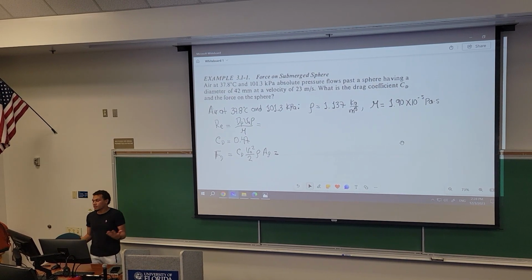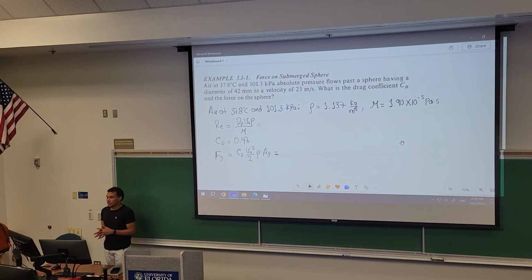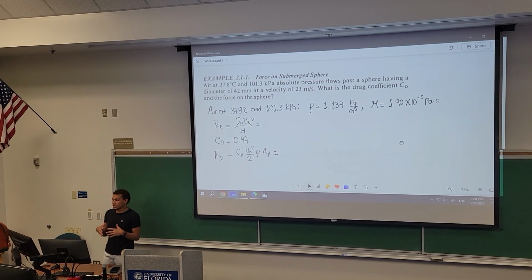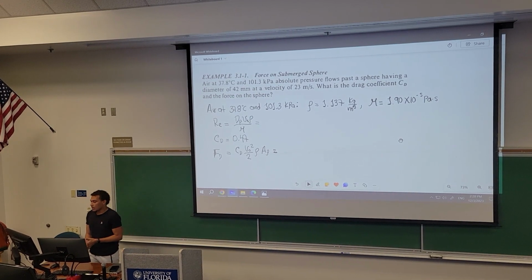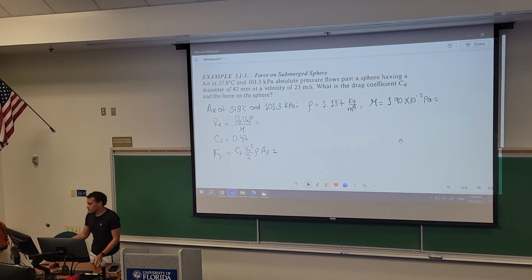So we have air at these conditions, and it's flowing past a sphere. These values can be obtained in the appendix of the textbook or in other sources.